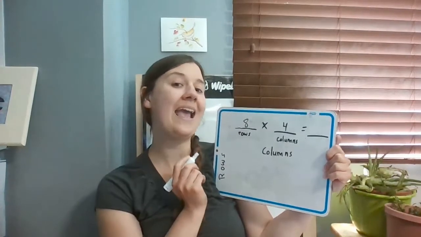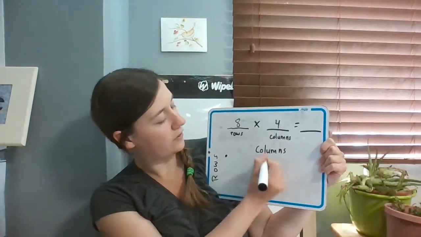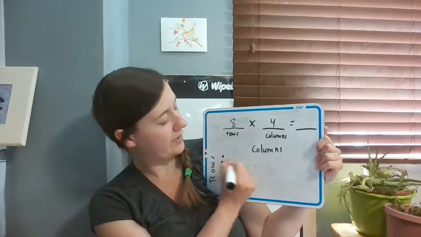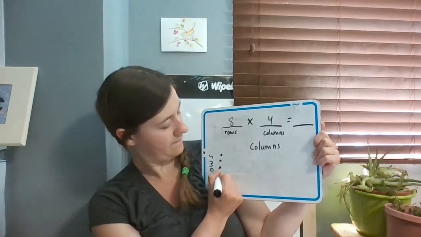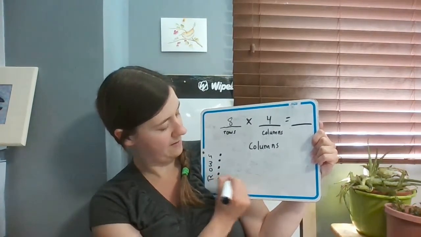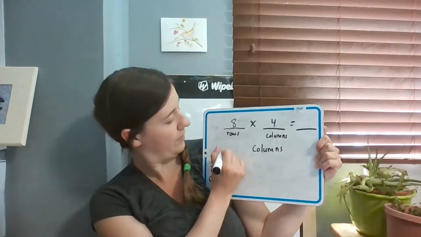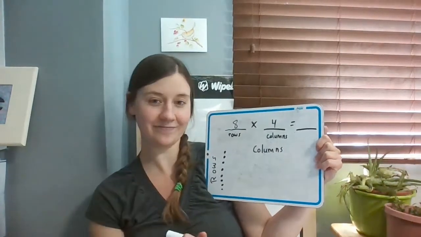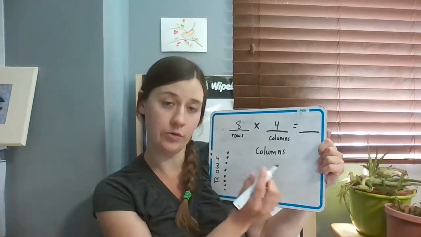So I'm going to make 8 dots, 1 for each row. 1 for our first row, 2 for our second row, 3 for our third row, 4, 5, 6, 7, and I'll put one back at the top, 8. So we have 8 rows that we're going to continue to do.